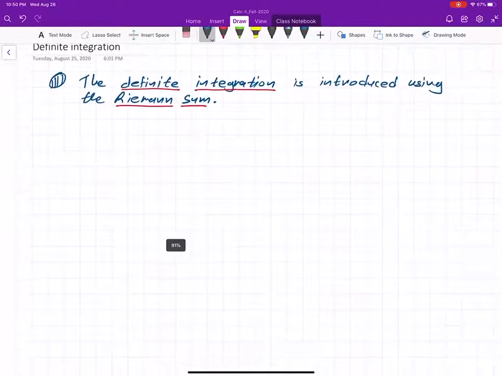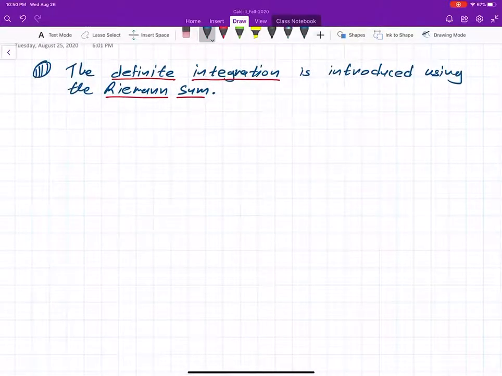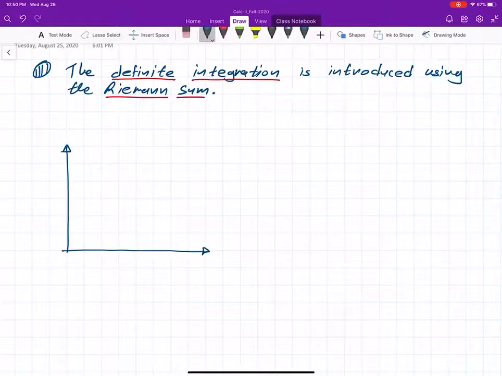First of all, let's consider this plot. Let's consider this function.